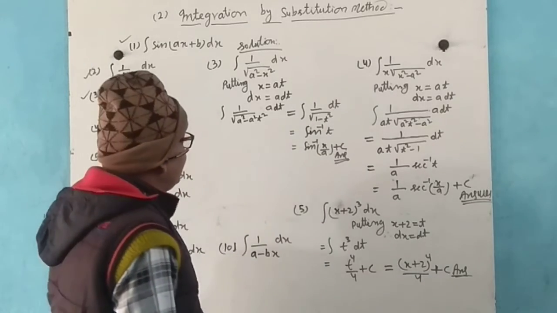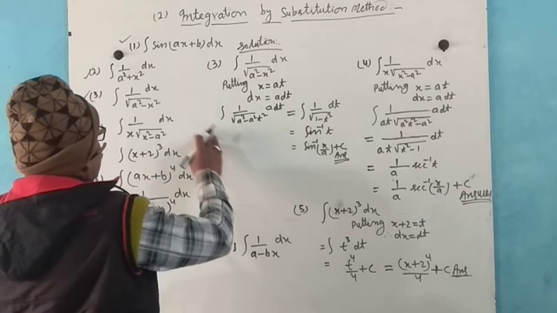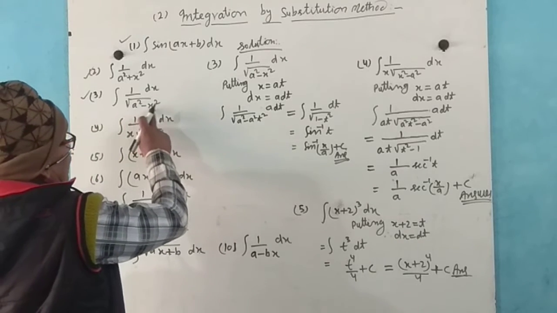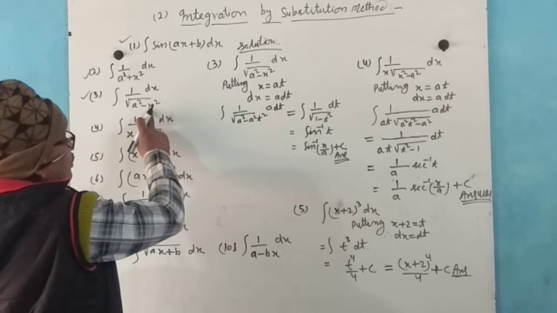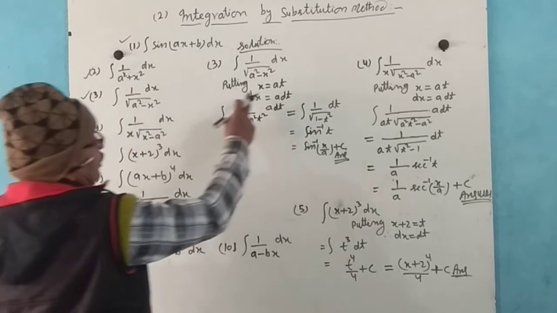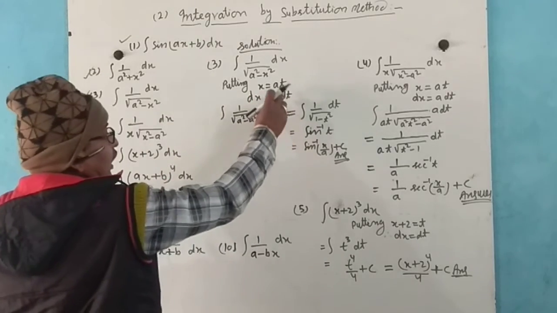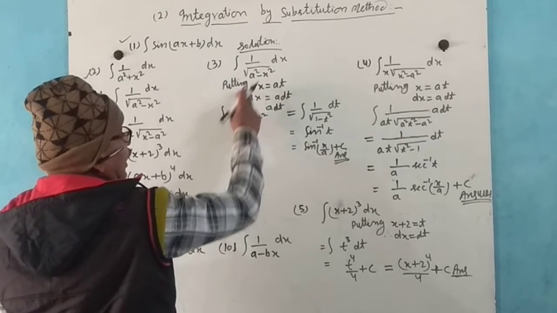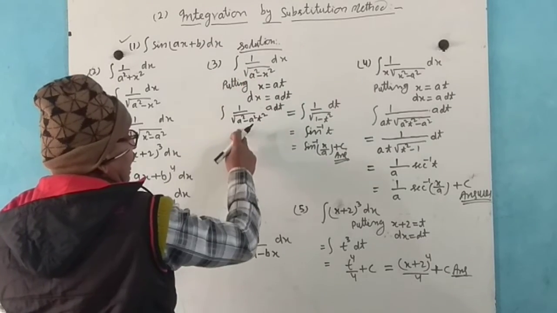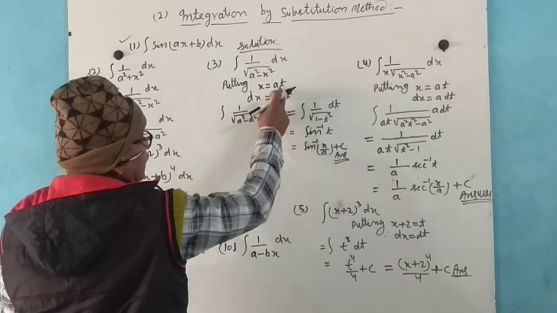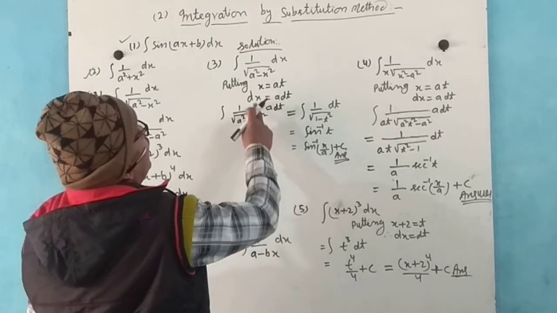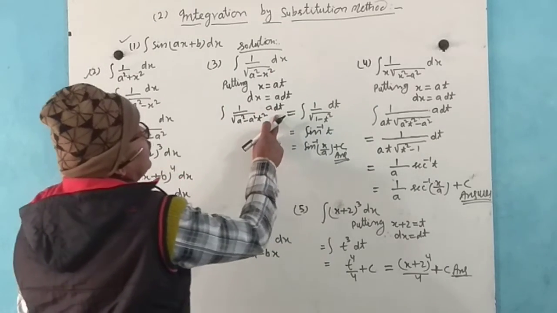With respect to this, in a square minus x square we put x equal to a t, dx equal to a dt, so x square equals a square t square.